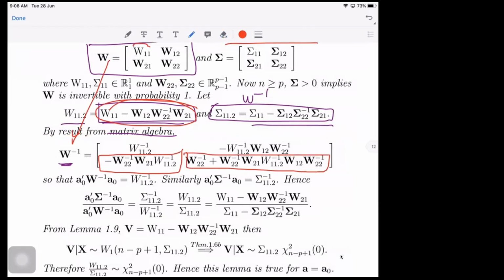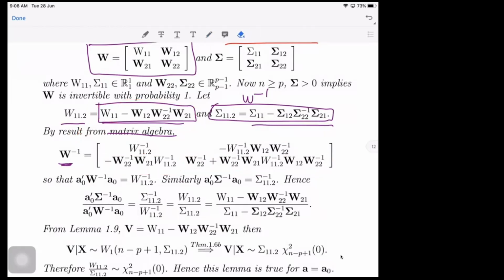So that is matrix algebra, or you can check appendix A in Arnold. So that is the components of getting the inverse of a matrix. From this form, the inverse of a matrix will have these following entries.